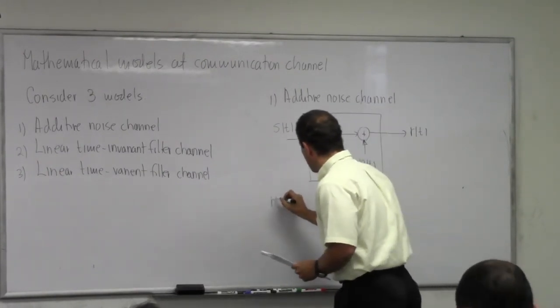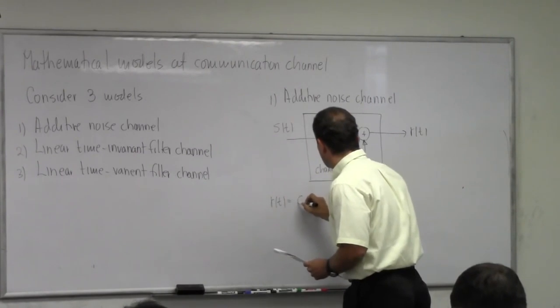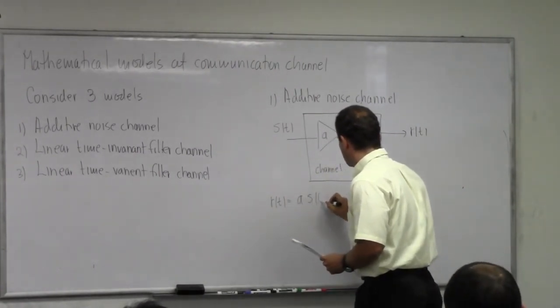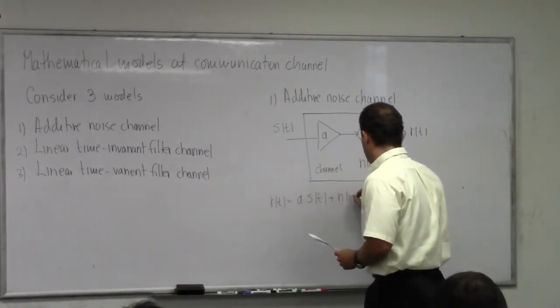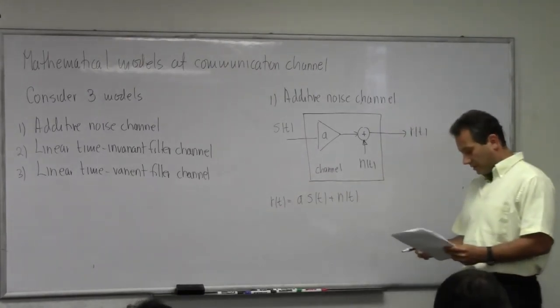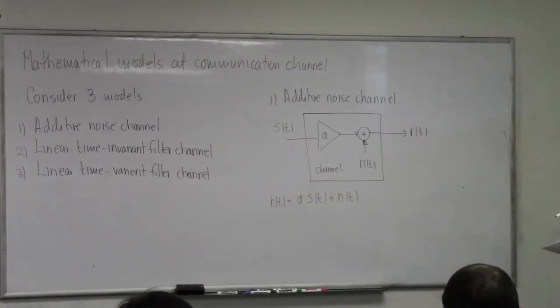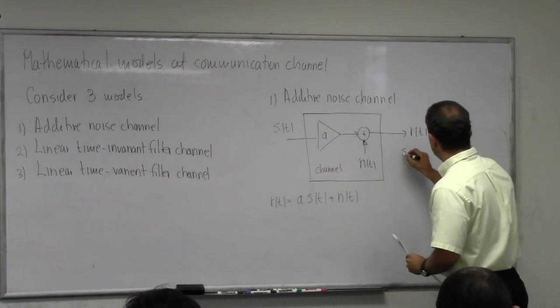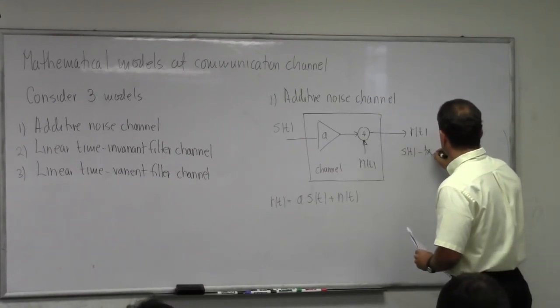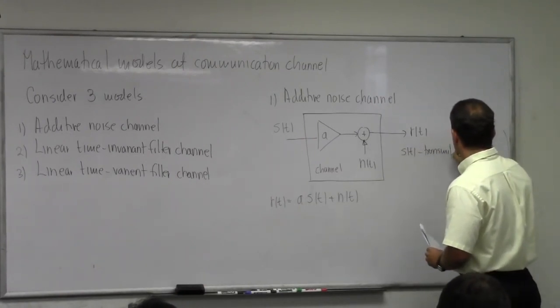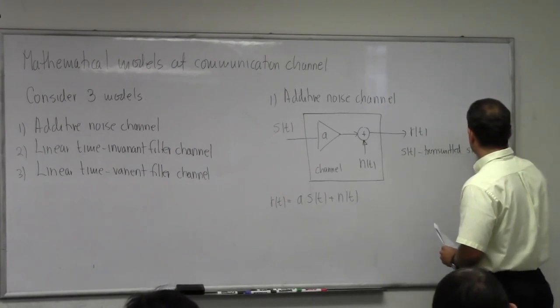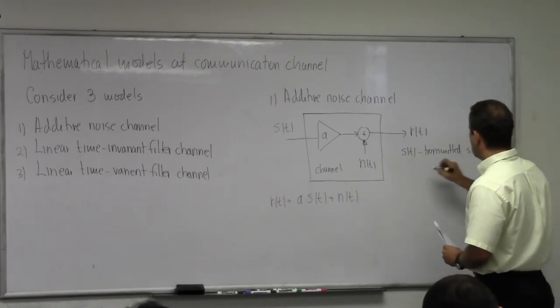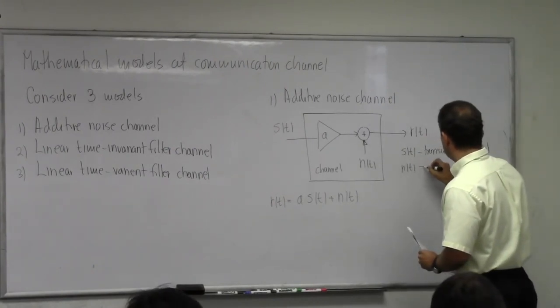In this case, R of t is going to be A times S of t plus N of t. Right? So that's the mathematical expression that tells me how the channel modifies my signal. Here S of t, I should say, is the transmitted signal. N of t is going to be noise.